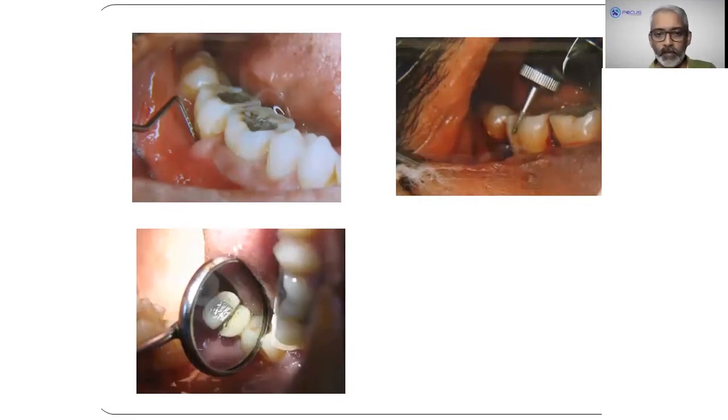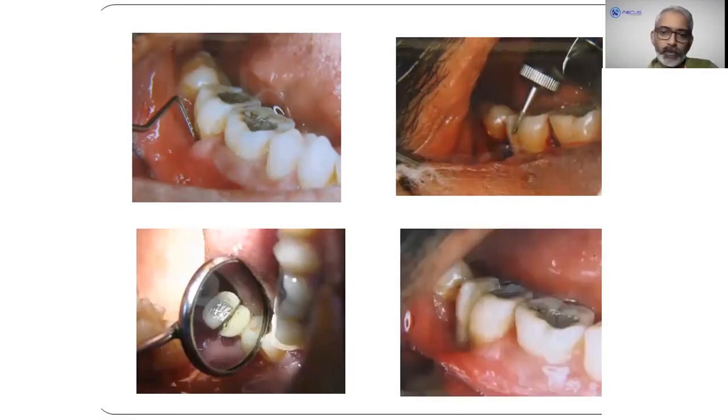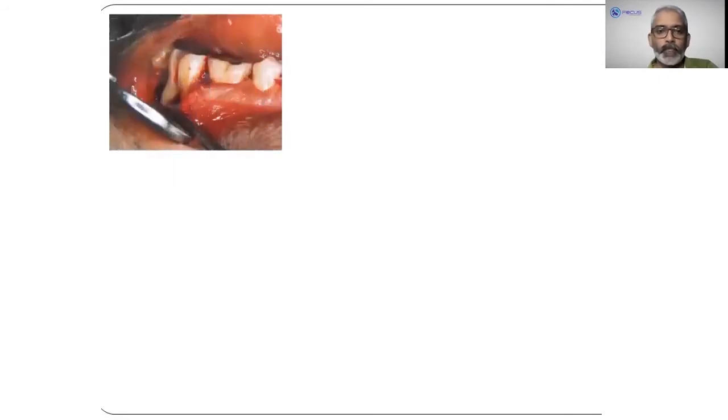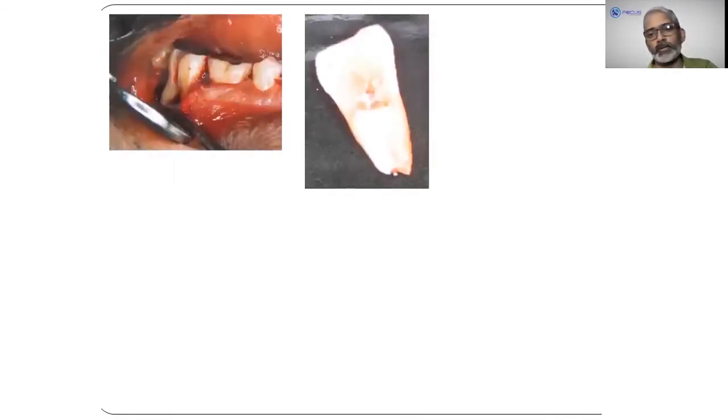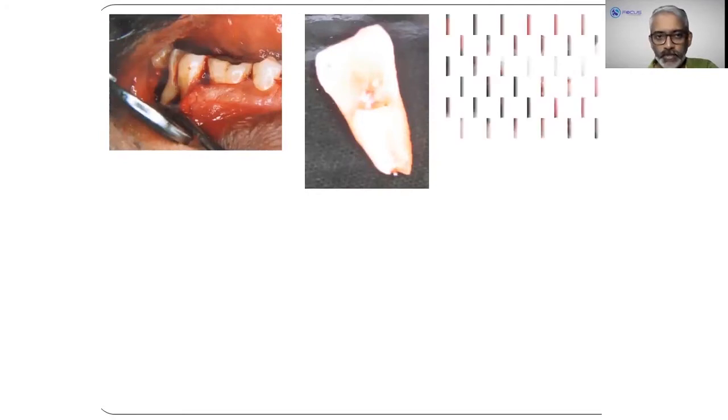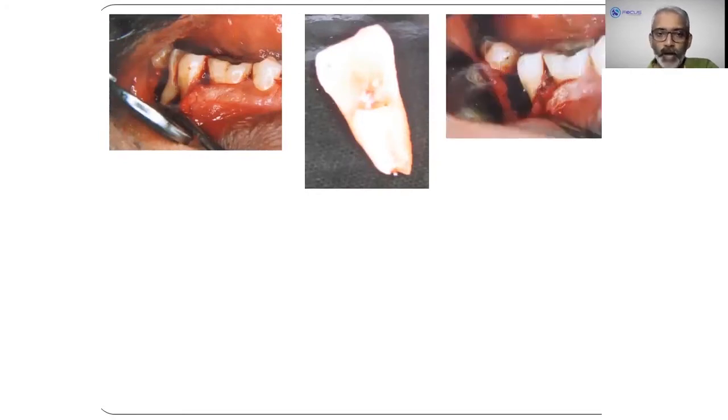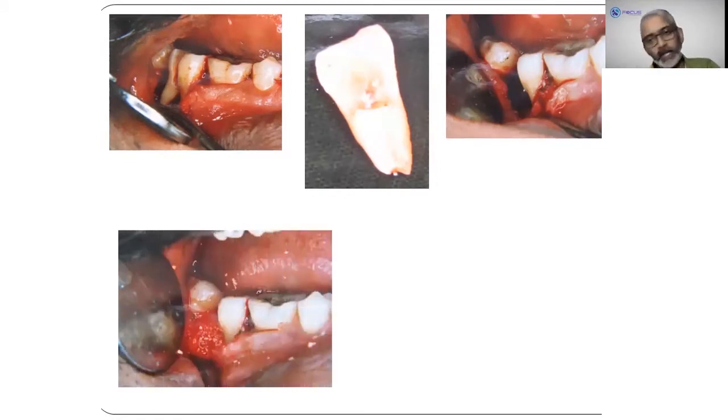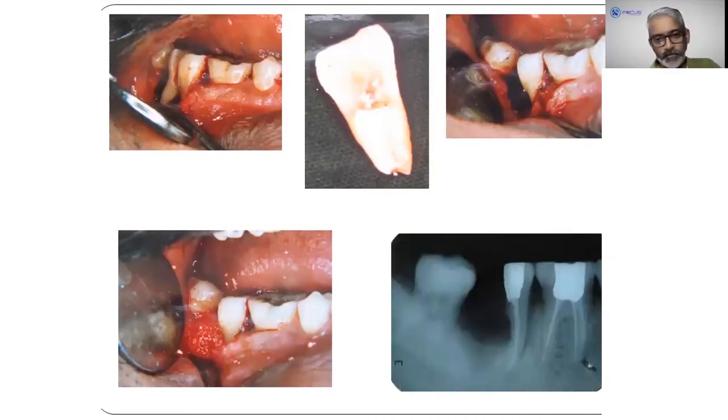Since it is a mandibular molar, you cut the tooth into two and remove the distal portion. Once the distal portion is removed, you have the mesial portion remaining there with good bone support. So that looks like a premolar now. That can be used to give a bridge to the distal-most tooth. See? So you save one root out of the tooth.